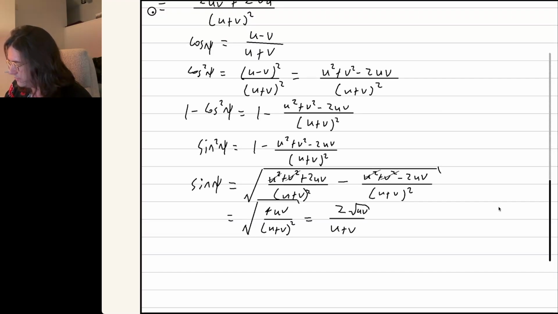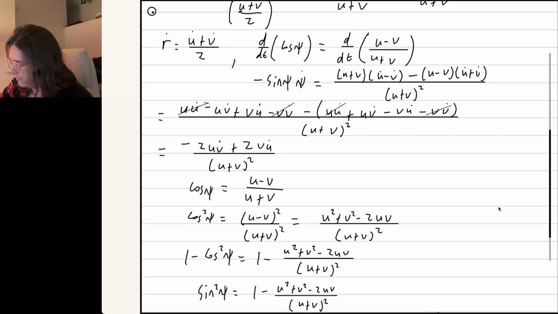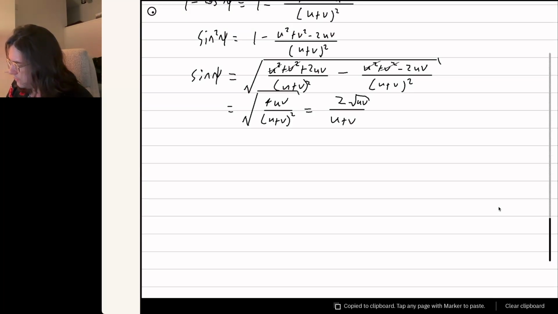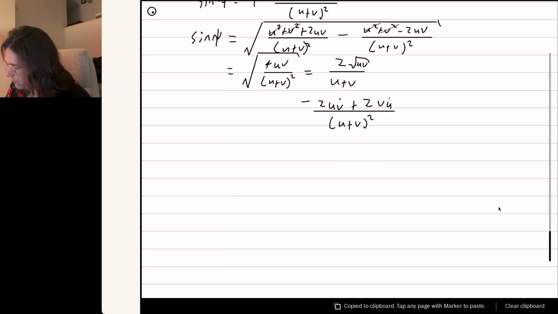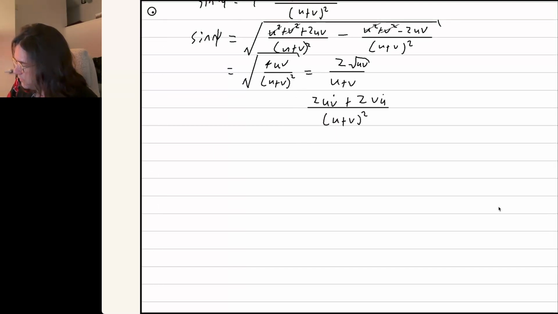All right. Now I can take this and plug it back into the equation that we had before. So I'm just going to grab this. That minus sign is actually inside of the fraction there.